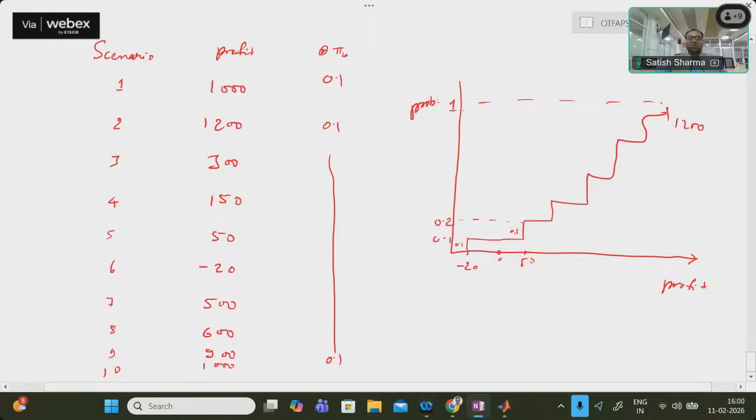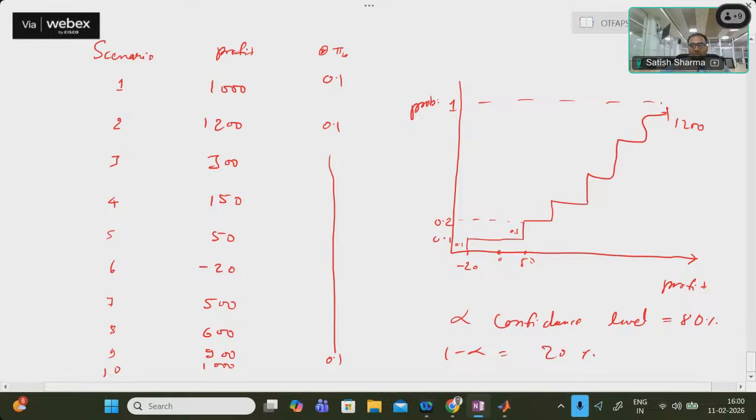Okay, so let's say the alpha, like we defined value at risk with some alpha, which is called the confidence level, and let's say that is 80%. So 1 minus alpha will be 20%. So I will see that at 20%, what is the value of profit.